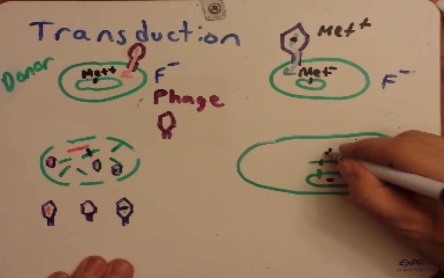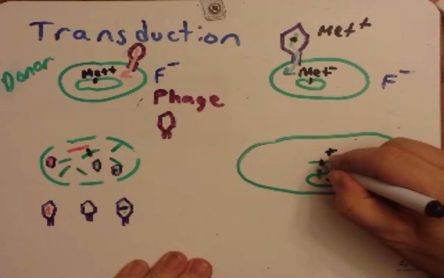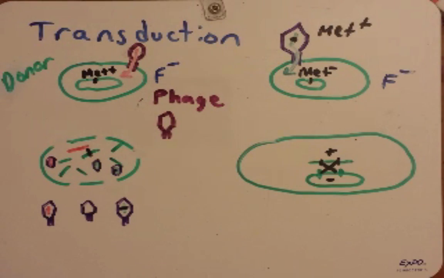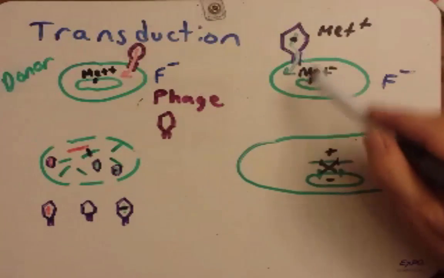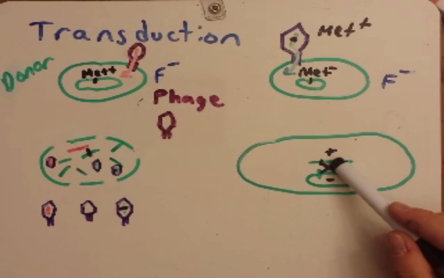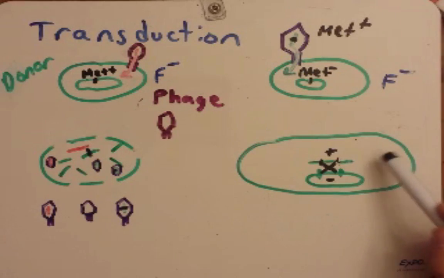the MET plus gene. What happens now is something called recombination, in which the MET plus gene from the DNA that was inserted by this bacteriophage now recombines, or you could say is introduced into the bacterial genome. In doing so, it displaces the minus gene.